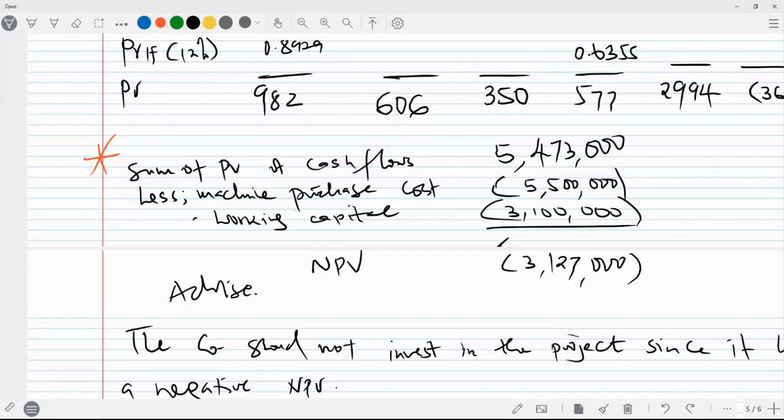So if you need to invest 3.1 million towards your current assets, that's a cash outflow. Not sure I've answered the question.